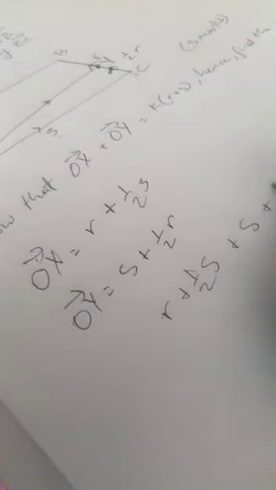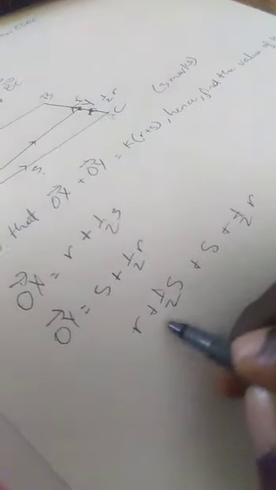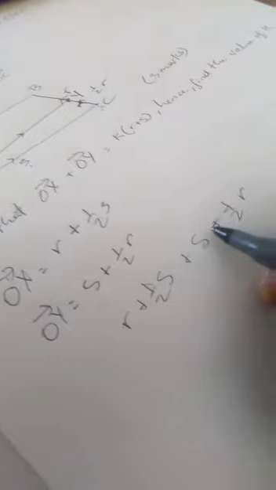So we're going to now add these two together and see what we get. Just basic algebra here. R plus half S plus S plus half R. So this over here, OX plus OY, is equal to K open bracket R plus S. Just put this here to see what we're going to lead into.